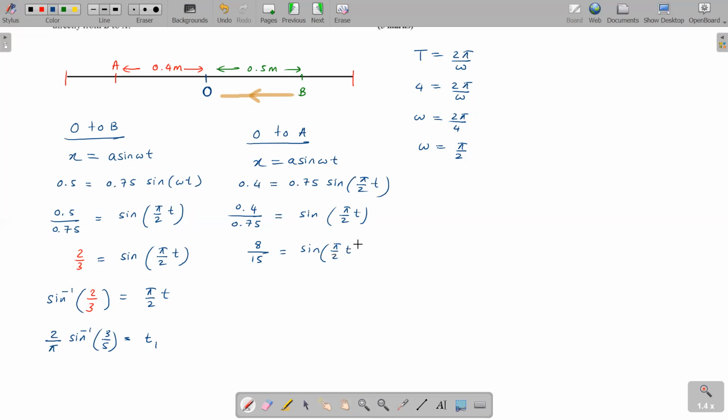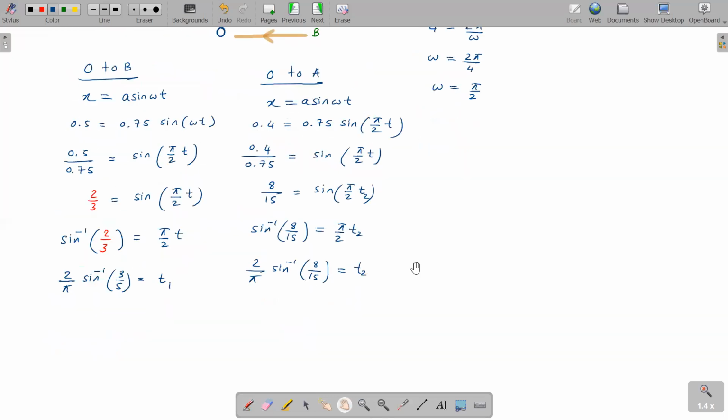So it's going to be sine inverse 8 over 15 equals pi over 2 into t2. Let's put it as t2. So t2 is 2 over pi into sine inverse 8 over 15.